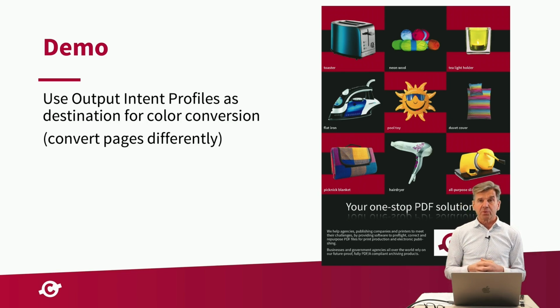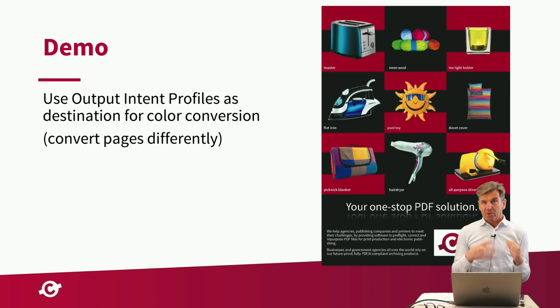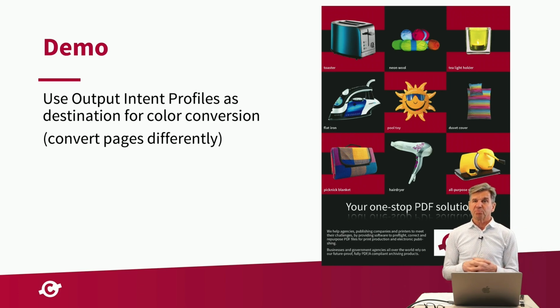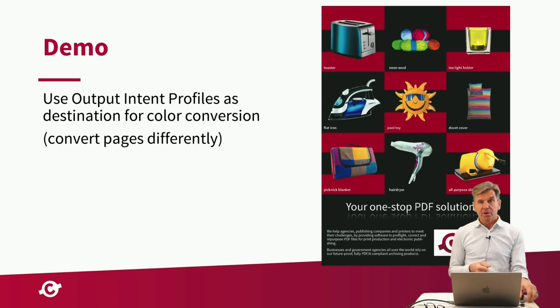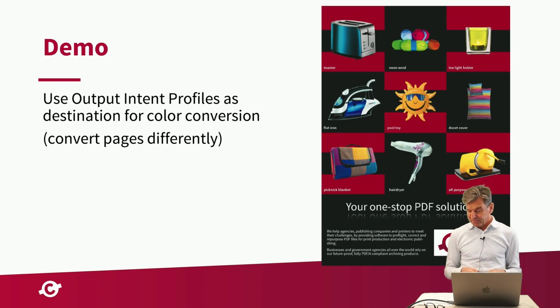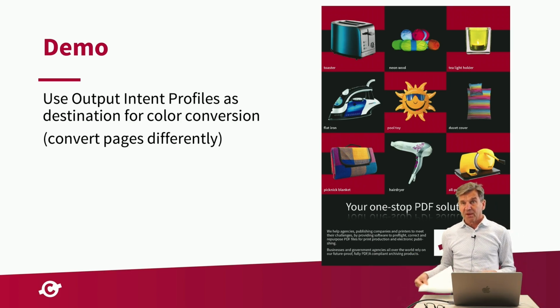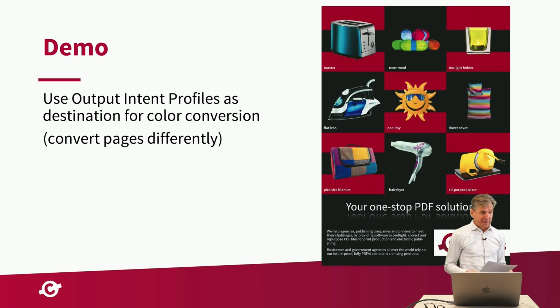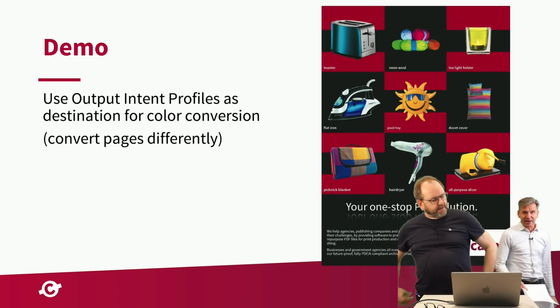And that also is important for variable data, because quite often you have PDF files where more than just one product is present. You may have the cover and the body of a book, and then you can convert them into different output intents.